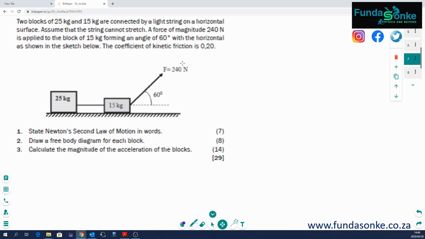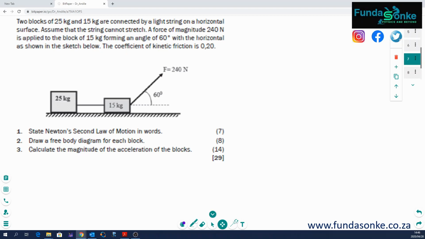A force of magnitude 240 newtons is applied to the block of mass 15 kgs, forming an angle of 60 degrees with the horizontal, as shown in the sketch below. The coefficient of kinetic friction is 0.2.